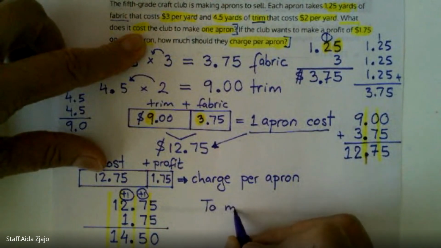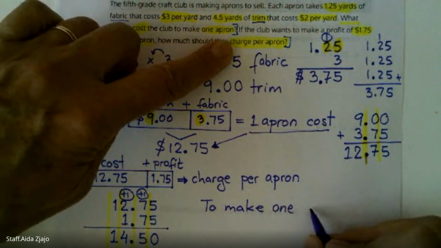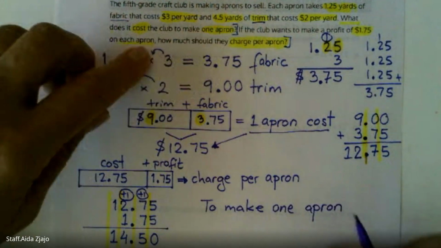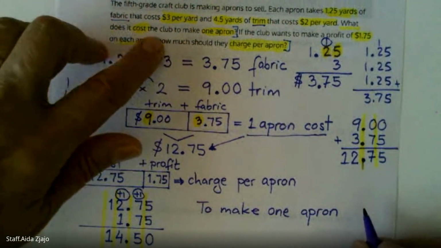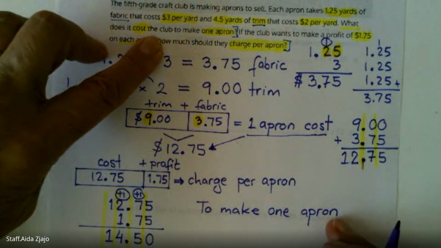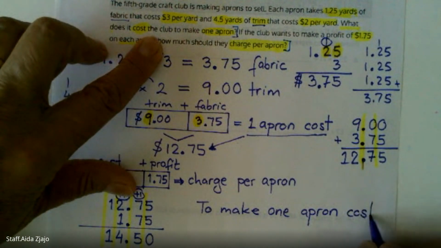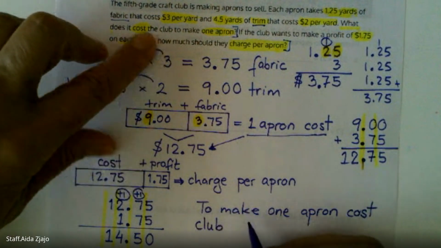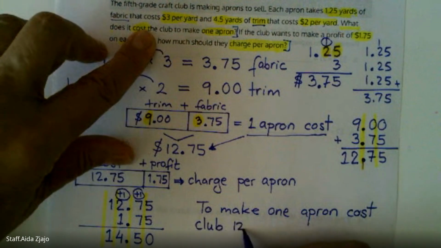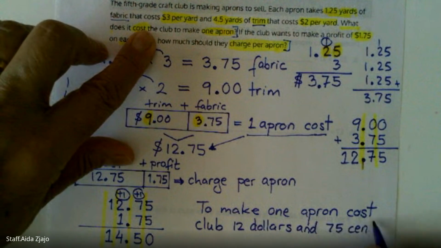To make one apron, the club spends $12 and 75 cents.